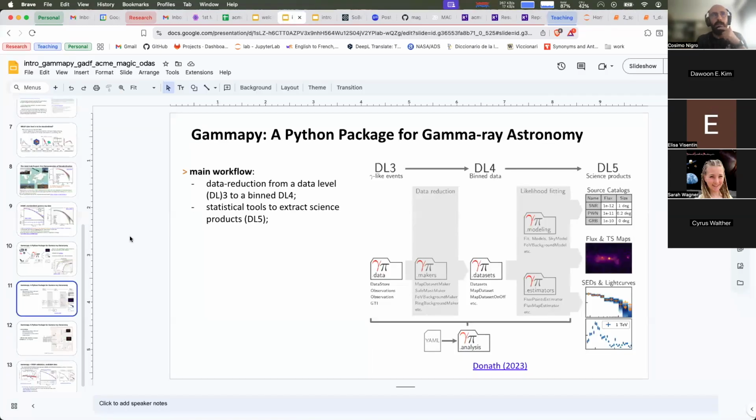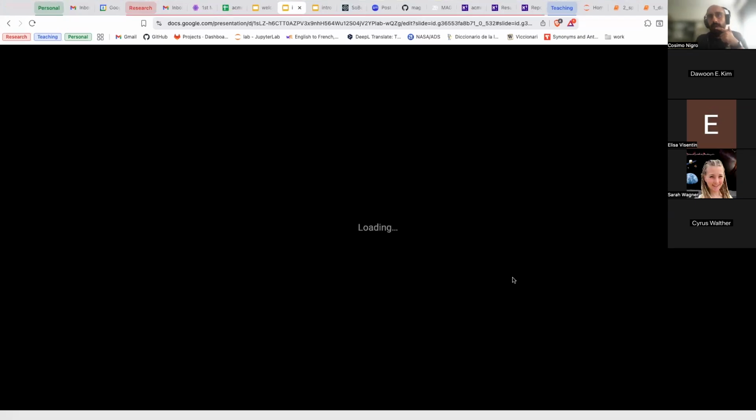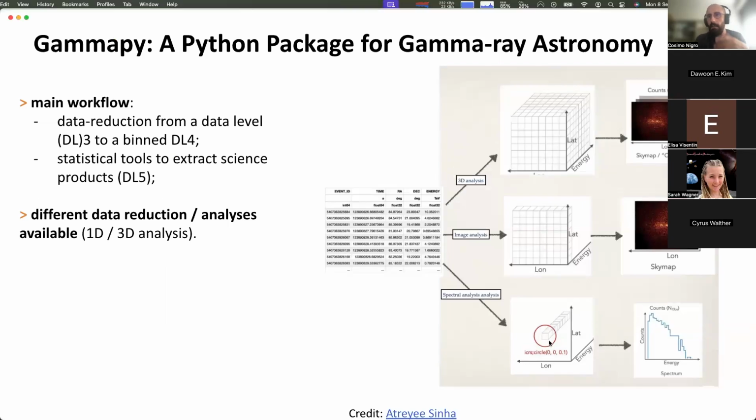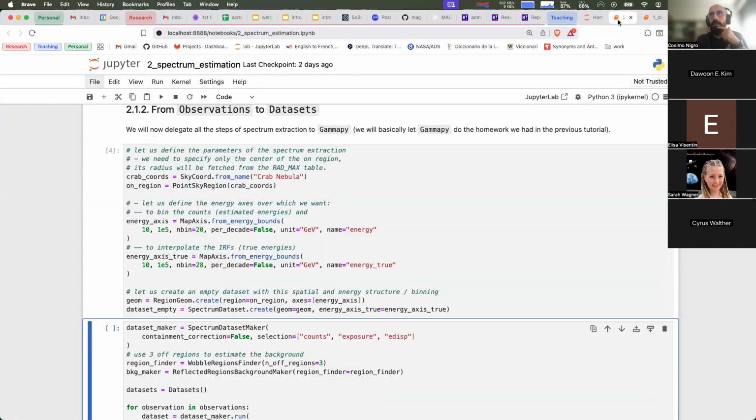It was illustrated here in this slide, okay? We are just interested in the counts versus energy. So we define a geometry which has only energy dependency, and no spatial dependency, or say a single spatial pixel.